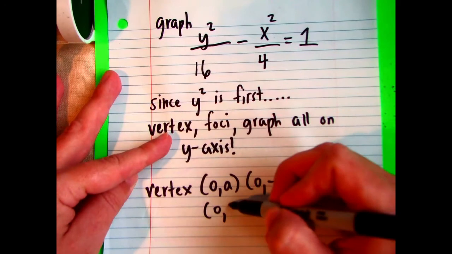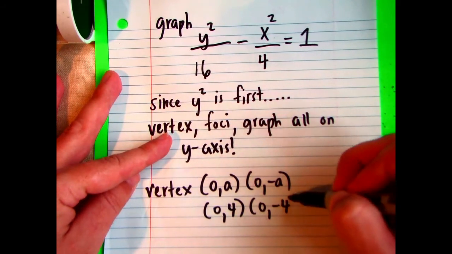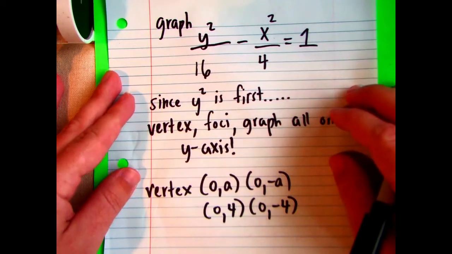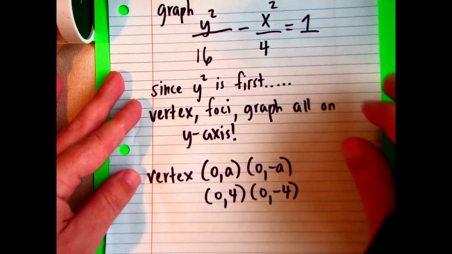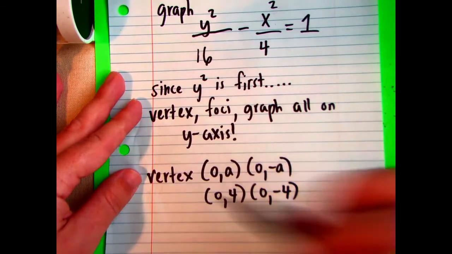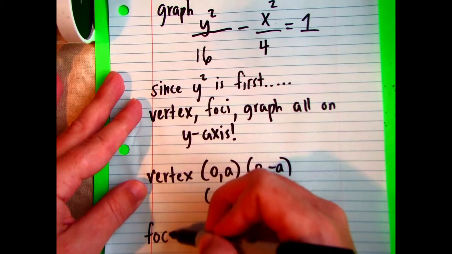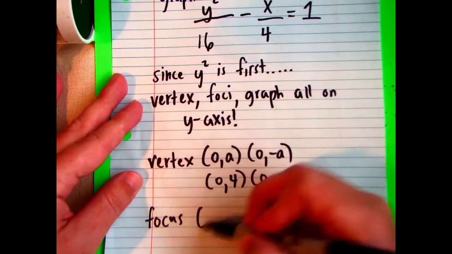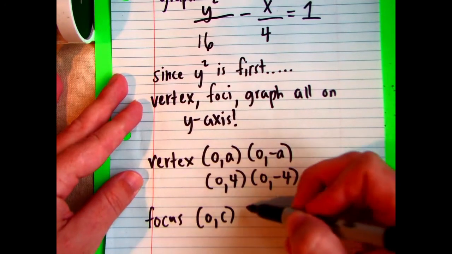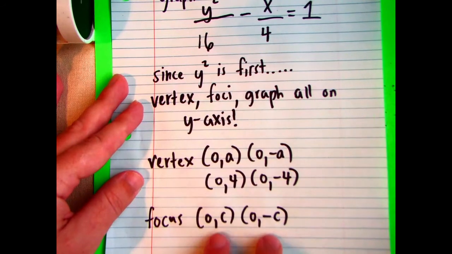So for this problem, 16 is a squared. So my a value is 4. So my vertices are at 0, 4 and 0, negative 4. How about my foci? Well, my foci are at 0, c and 0, negative c, right? Because those coordinates are on the y-axis.